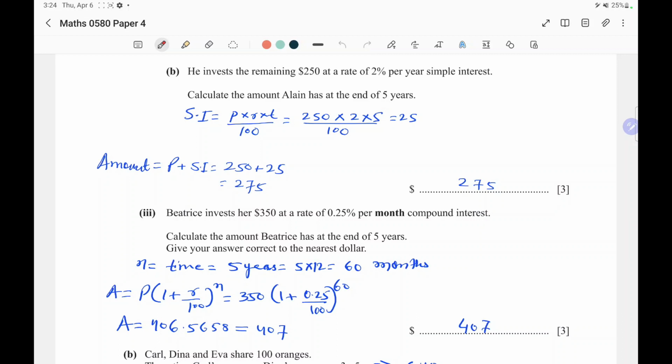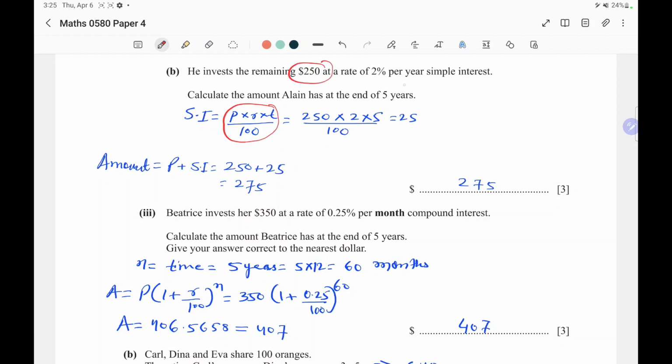B part says she invests the remaining $250 at the rate of 2% per year simple interest. Calculate the amount Elaine has at the end of 5 years. We know that simple interest has the formula P times R times T over 100. P is the principal, it means the initial amount, R is the rate, and T is the time.